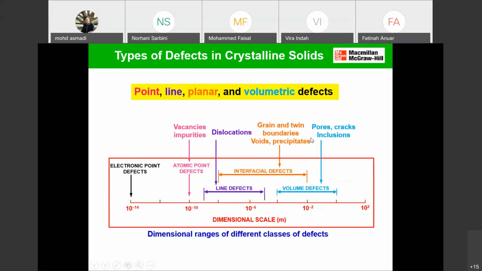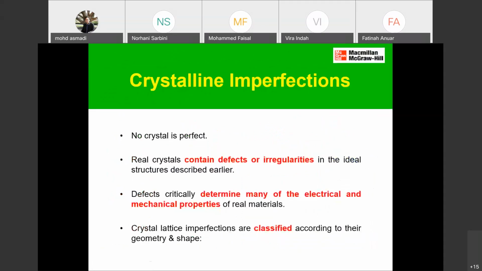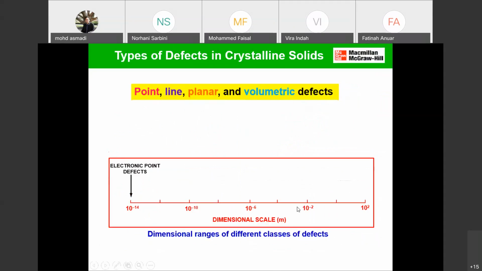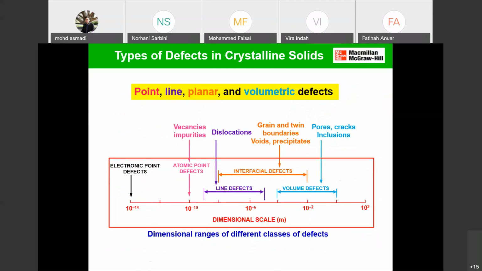And the largest one is the volume defects: pores, cracks as well as inclusions. This is volume defects, 3D. So 0D, 1D, 2D as well as 3D. Volume defects are much larger. Because it's like a volume, right? Like a crack, cracks we can see with our bare eyes. This is in terms of the scale.